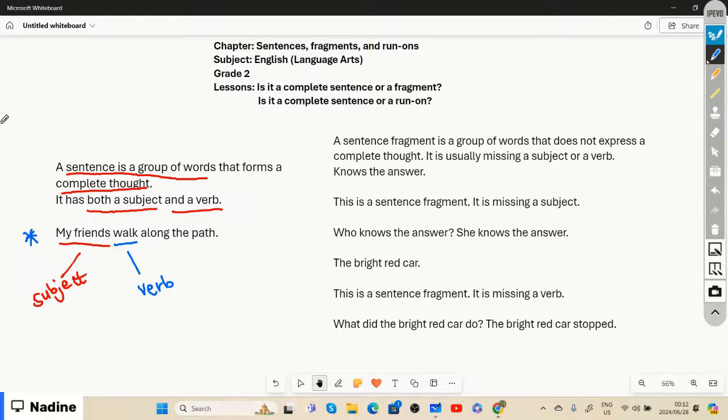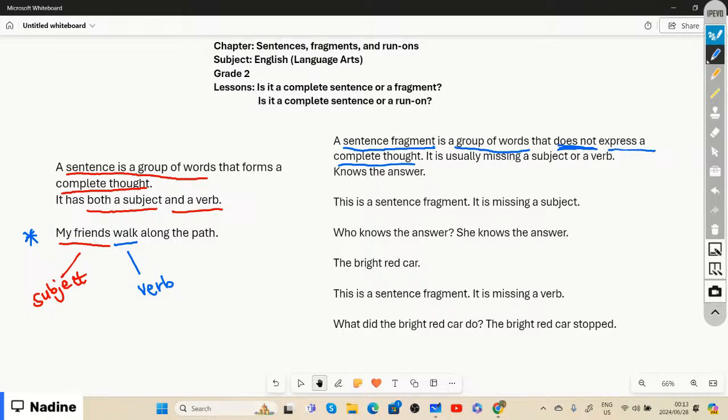And then we have a sentence fragment. A sentence fragment is a group of words that does not express a complete thought. We said a sentence expresses a complete thought, but a sentence fragment does not.